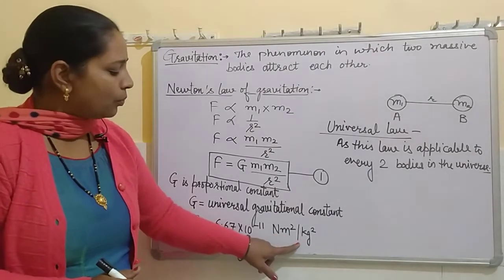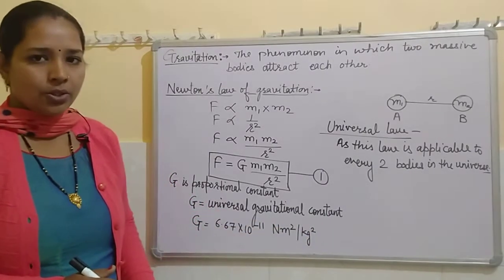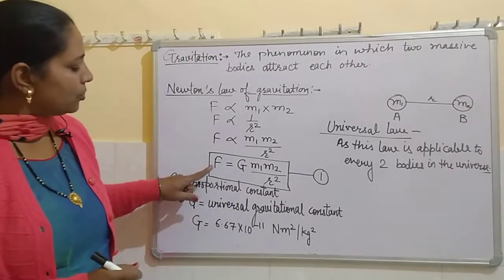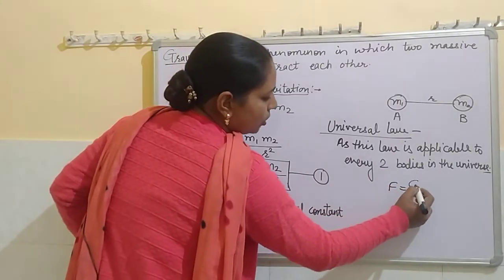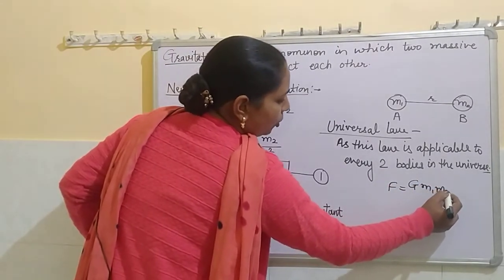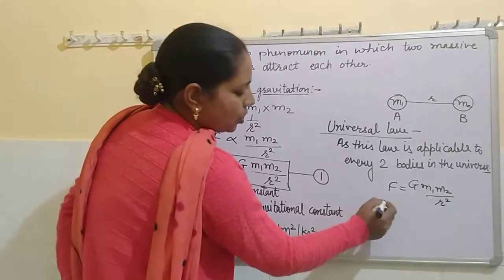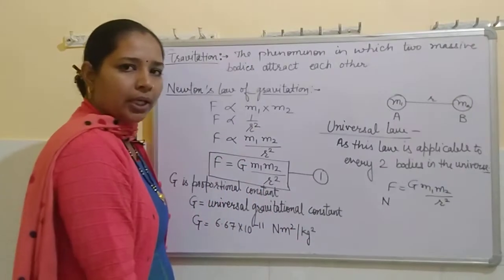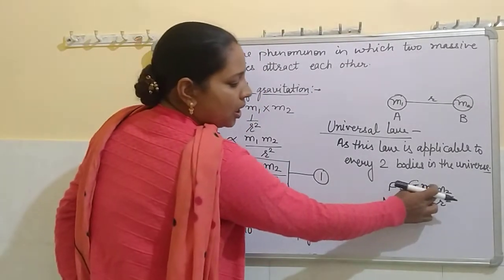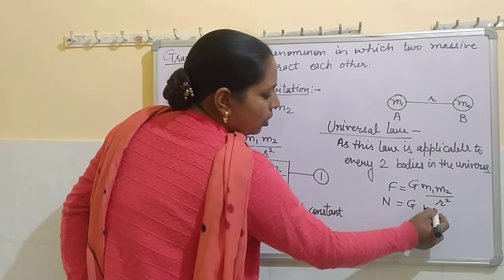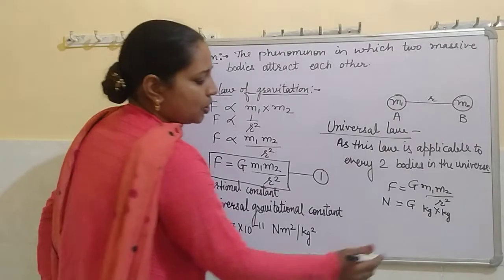How do we derive the unit of this gravitational constant? We can simply prove that by using the first equation, F is equal to G m1 m2 by r square. We know that the SI unit for force is Newton, which we write as capital N. For G we have to calculate the unit. Masses are measured in kilogram, so for the first mass the unit is kg, and for the second mass also kg.